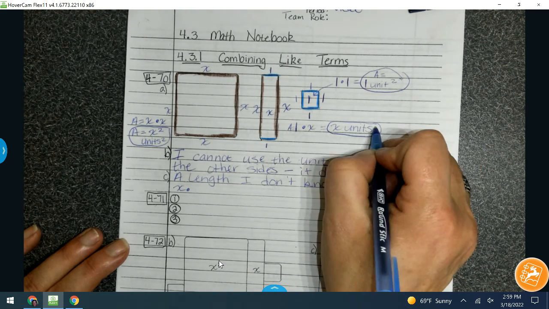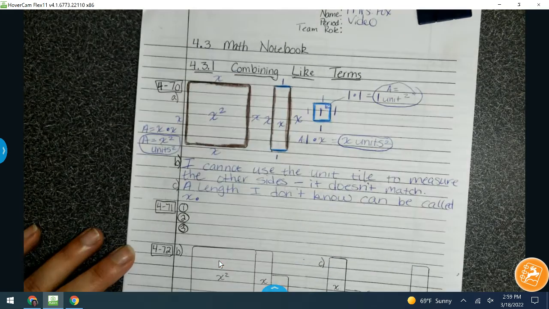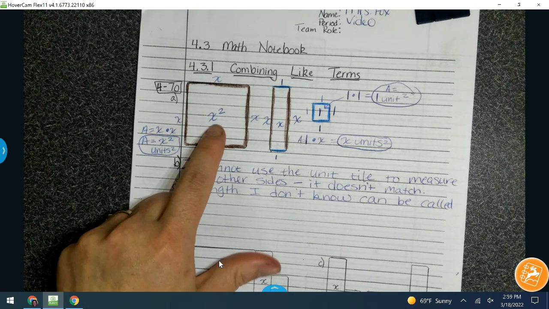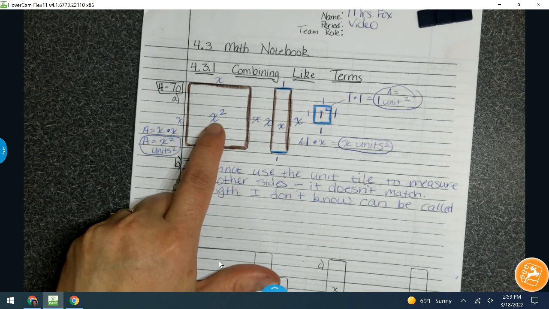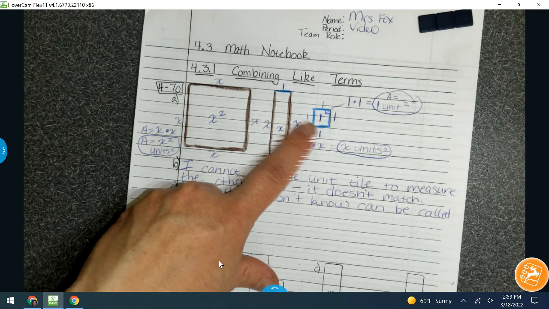That would also be square units. But this is X squared because it's talking about area. Area is always square units. So I have my X squared tile, my X tile, and my 1 tile.